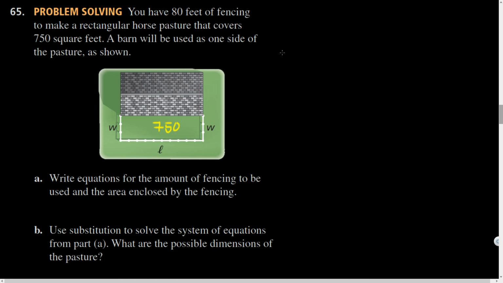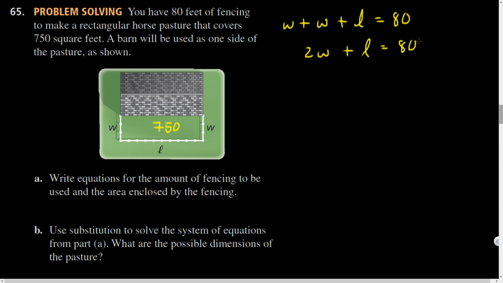Okay. So let's solve for W. W for Waddy. So I know that W plus L is going to equal 80. So I know that 2W plus L is going to equal 80.